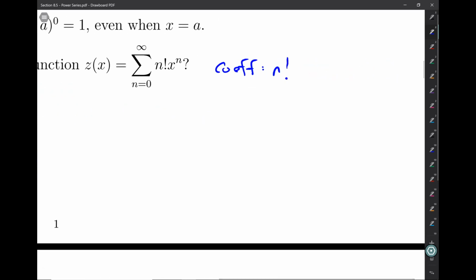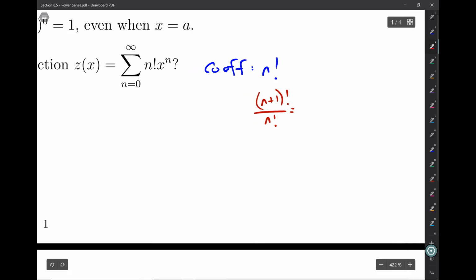So we're going to step over to this side and look at n plus 1 factorial divided by n factorial. Now what does n plus 1 factorial mean? It means take n plus 1 and multiply it by n, which is 1 less than n plus 1, and multiply this by n minus 1. Multiply that by whatever is 1 less than n minus 1, which would be n minus 2.